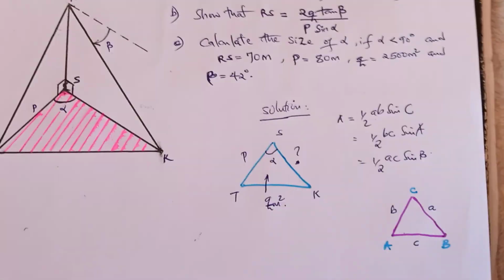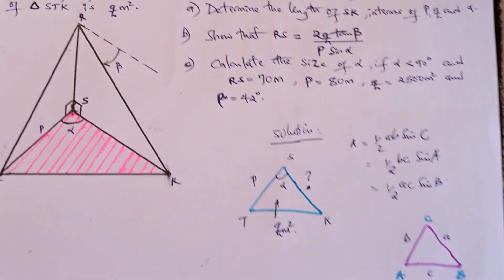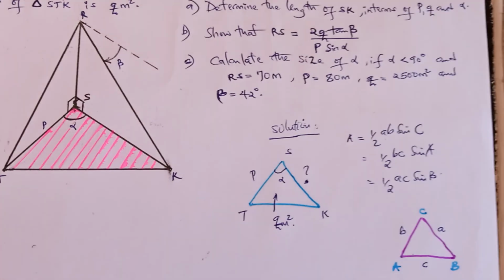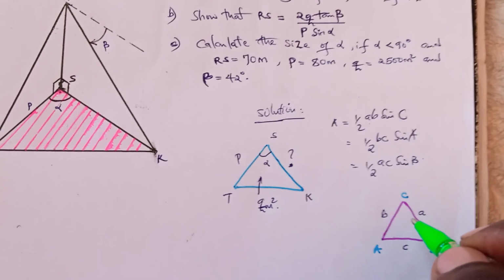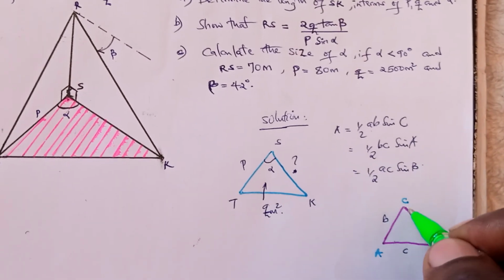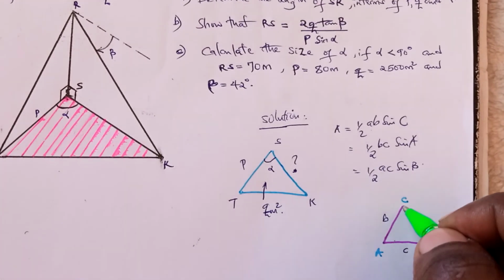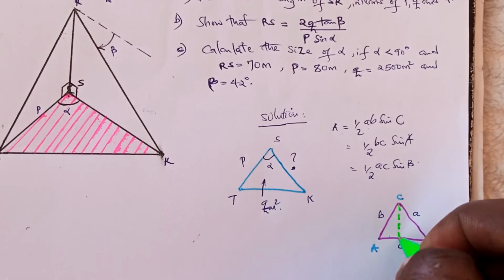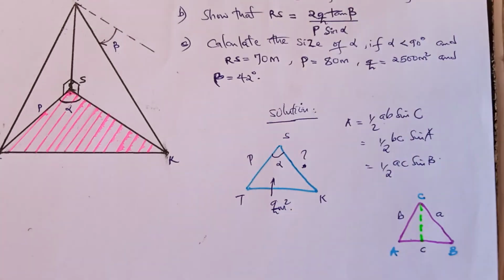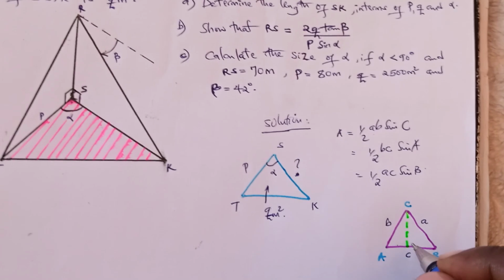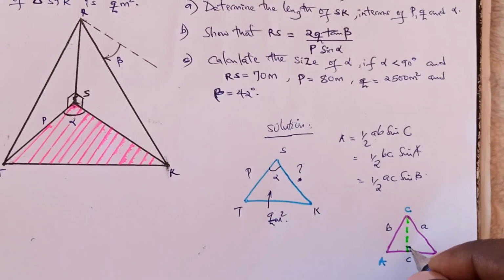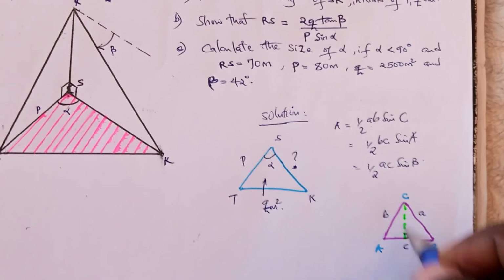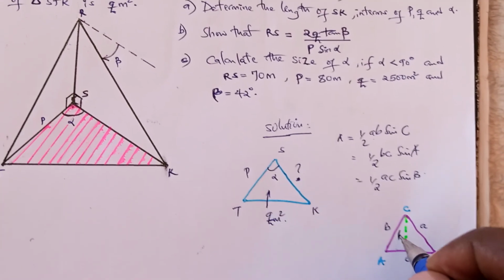Now, because we want to find the area of this triangle ABC, if we draw a perpendicular from C coming down, and this is a right angle, we call this distance h, the height.